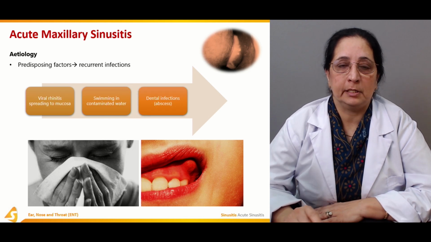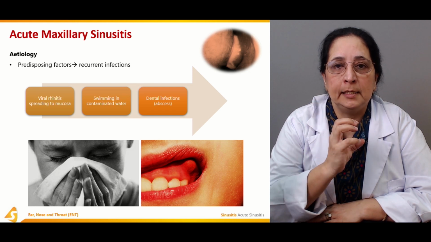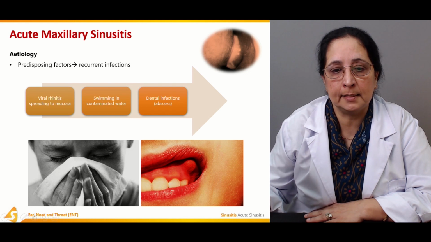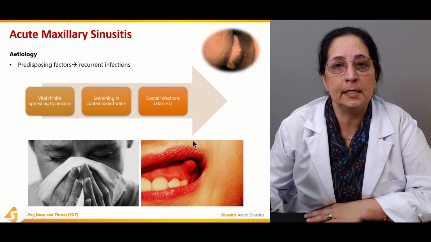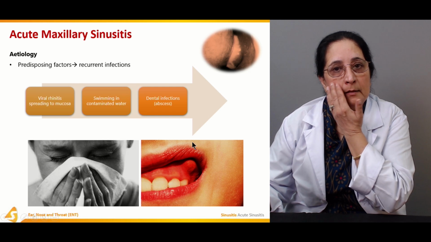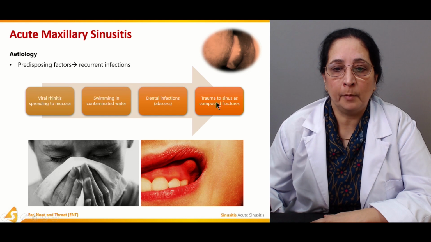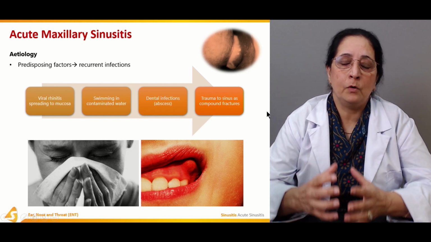Dental infections. If there is an abscess in the teeth or infected teeth, this infection can spread to the maxillary sinus also. Here you can see the dental abscess. This infection can very easily spread to the maxillary sinus. And also trauma to the sinus as a compound fracture.